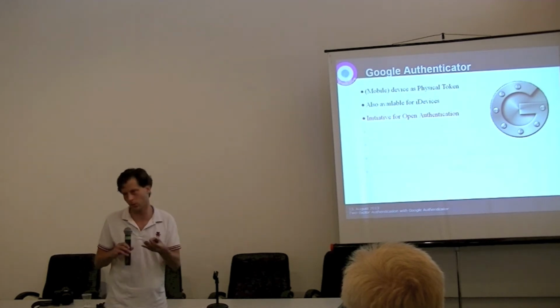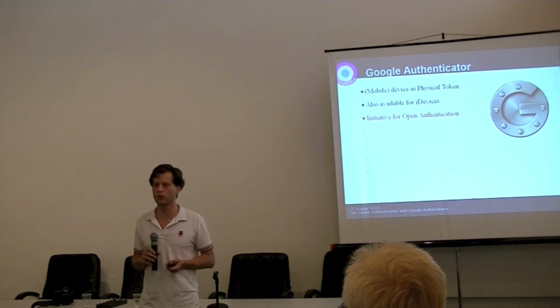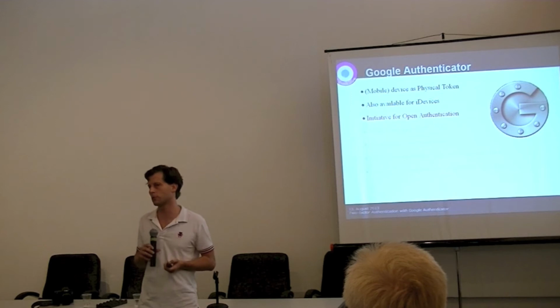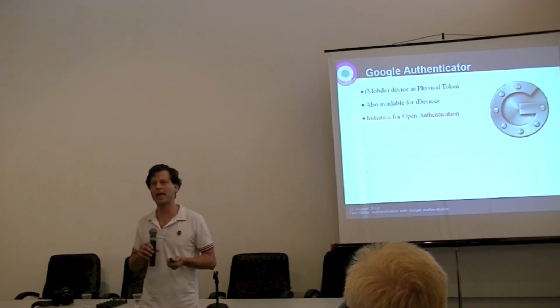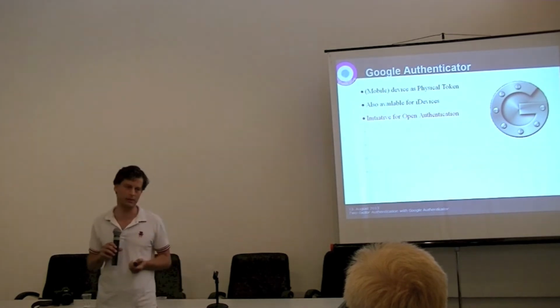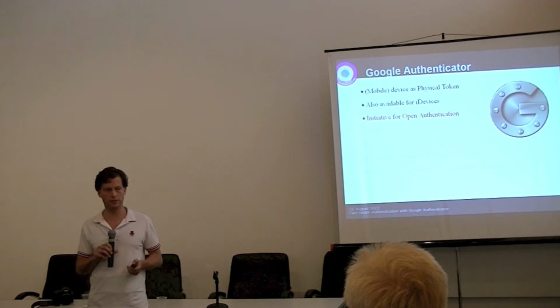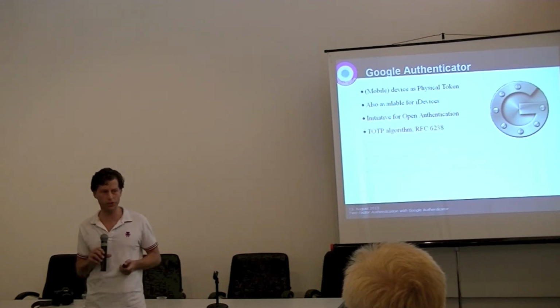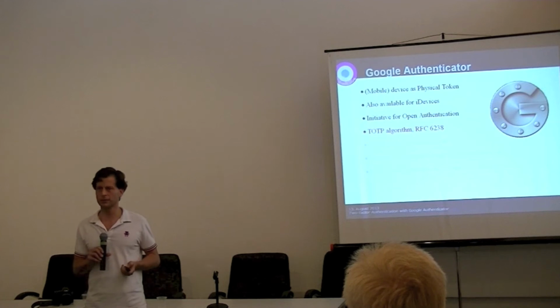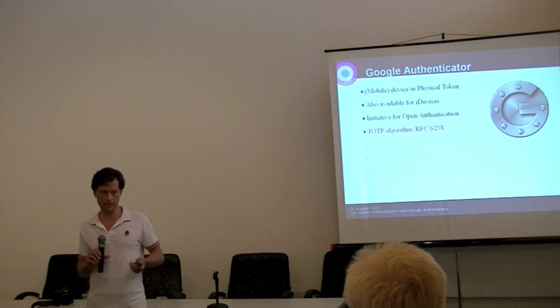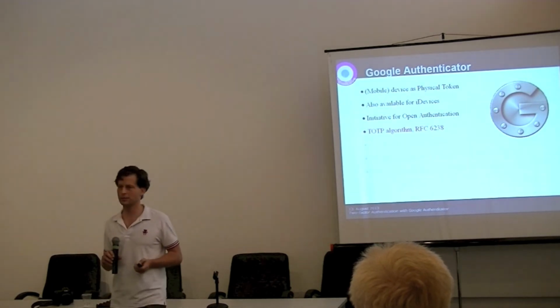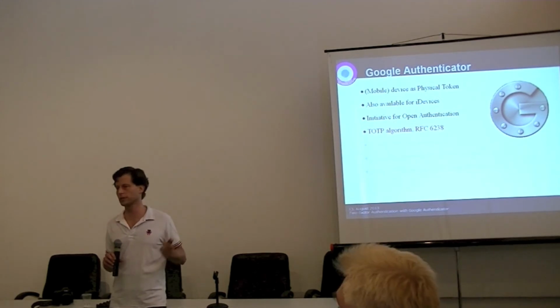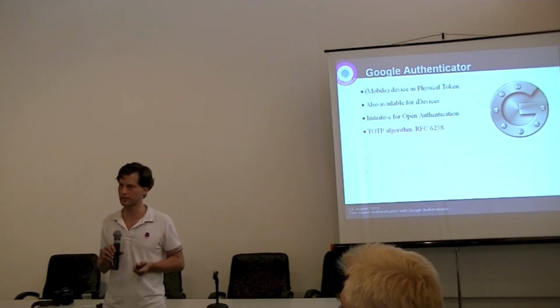I don't know which one is the more important thing, but if they can prevent Gmail accounts from being stolen, that's much better than having friendly, nice people helping people to recover their Gmail accounts. So they founded this initiative for open authentication, and they came up with the TOTP algorithm as documented in RFC 6238. And yes, this algorithm is what the Google Authenticator application implements.